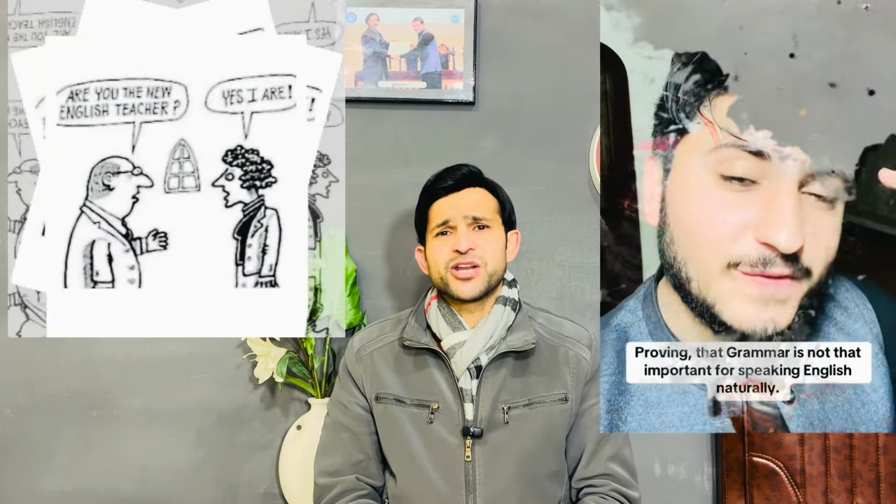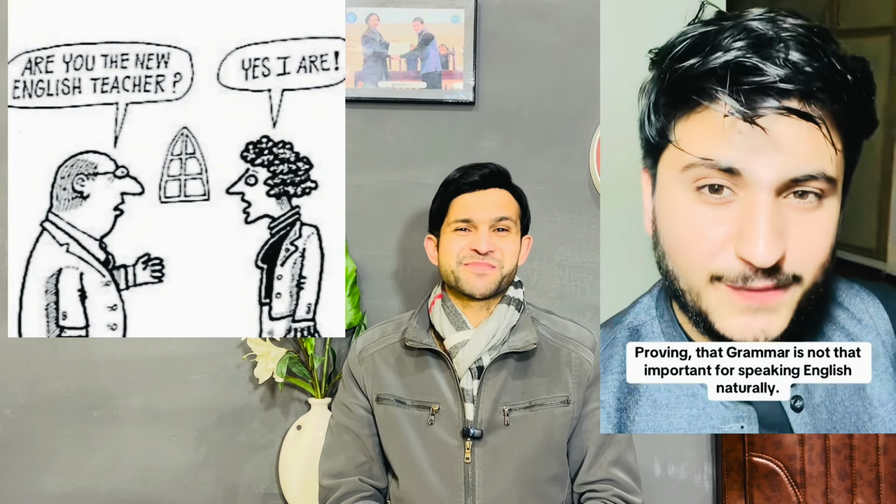So, now it's up to you. What type of English do you want to learn? You want to learn non-academic English or you want to learn academic English? Most of the students go to academies, and the academy owners and the trainers, they say that we don't need English grammar for spoken English.